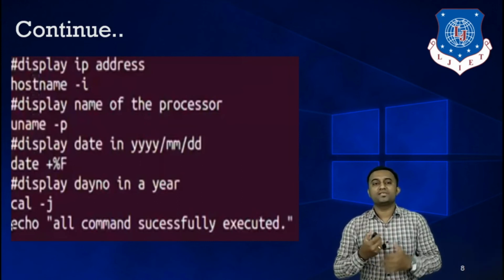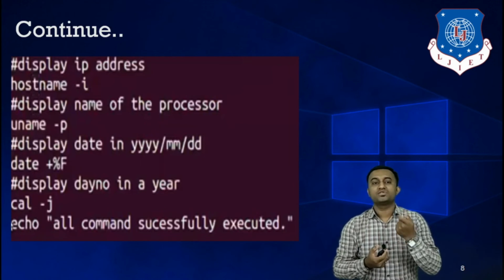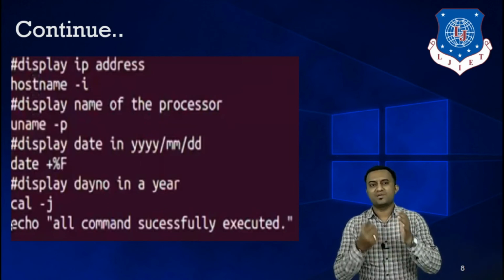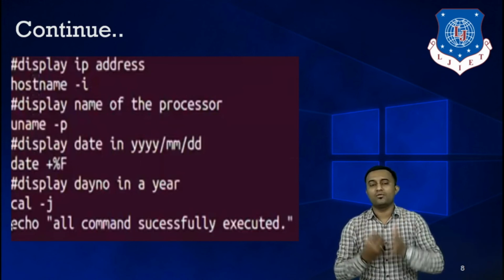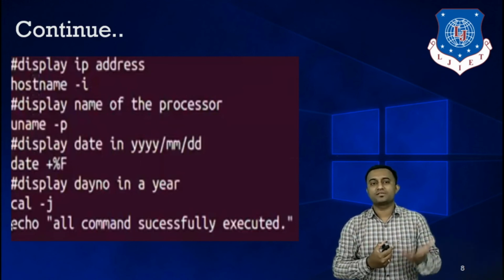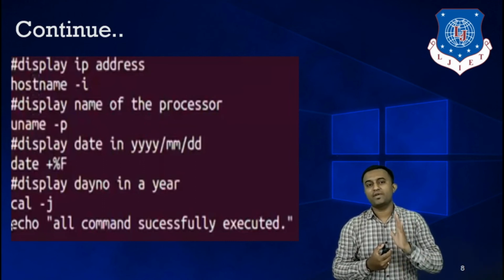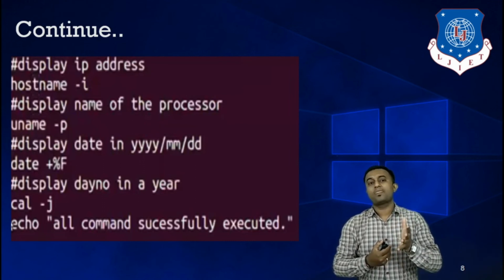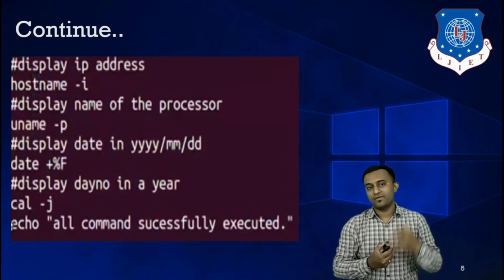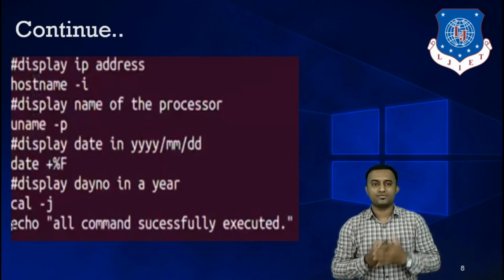There is one command, hostname -i. These commands we already understood in the Linux commands, so we are not going to discuss them again. But we need to understand how we can write and execute a non-interactive script file. That we are going to discuss in this session.